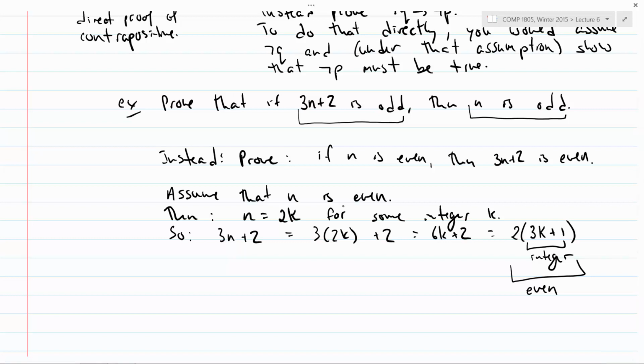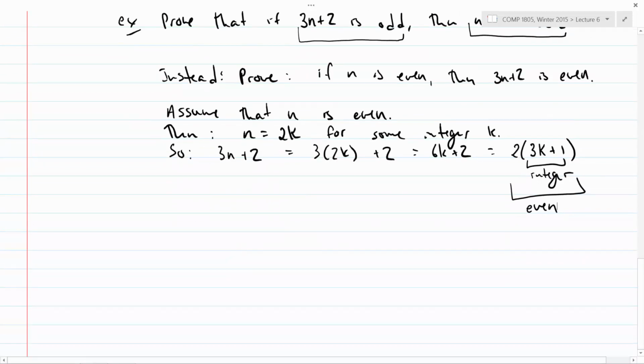Yeah? Yeah, so if you wanted to do a direct proof here, what you would say is 3n plus 2 equals 2k plus 1, and then somehow solve for n. That's what you would want to do. So let's see what happens when you do that. 3n plus 2 equals 2k plus 1, and now I'd like to solve for n.